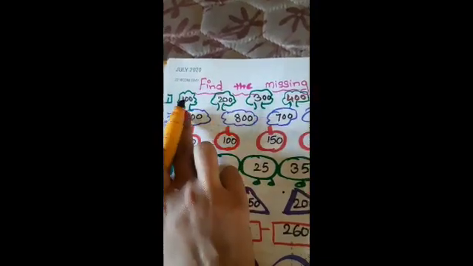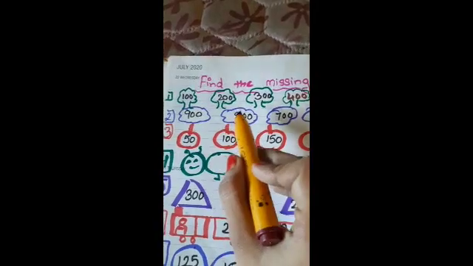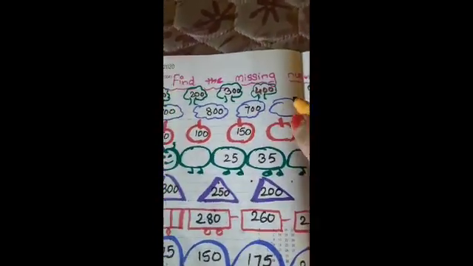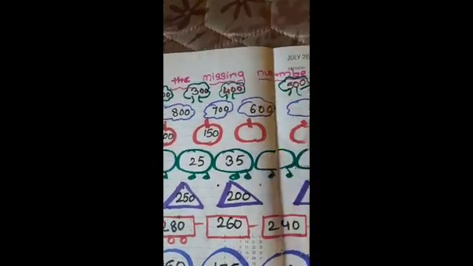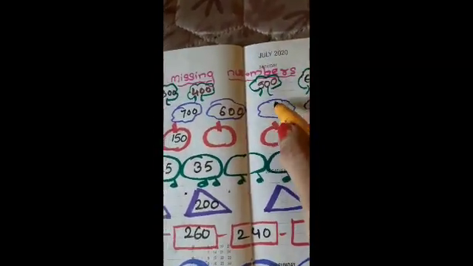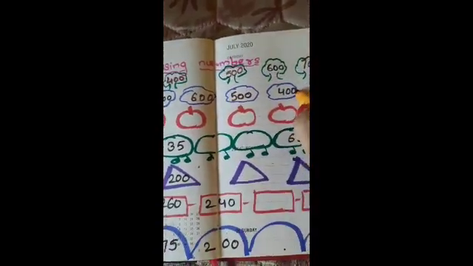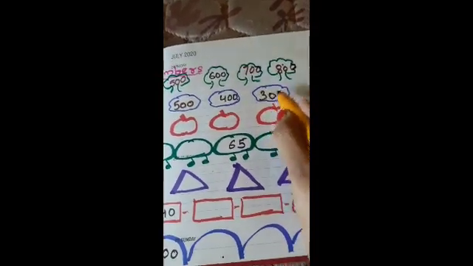We have to count backward, reverse counting it is. So 900, 800, 700. Then the next number will be 600. Next number will be 500. The next number will be 400. And the next will be 300.